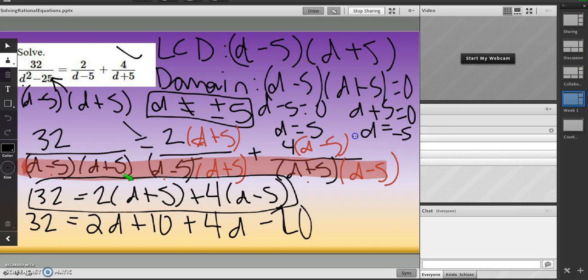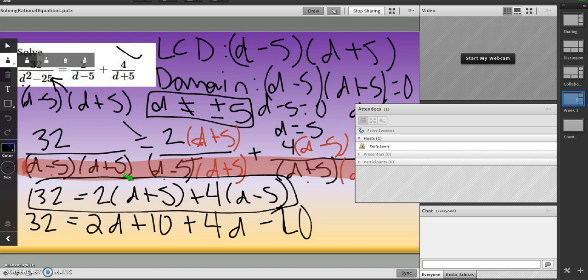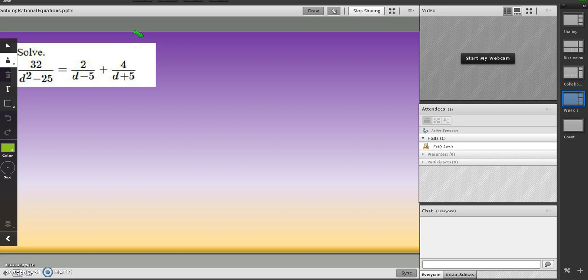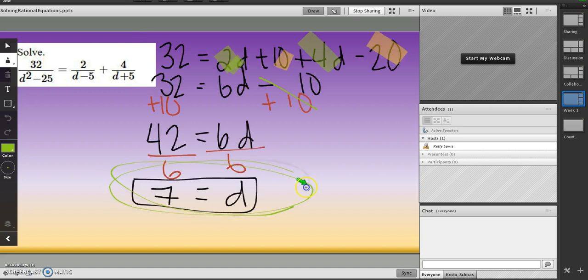Our domain, hang on, this guy jumped out. Go back in your spot. This was our domain. Our domain said it cannot equal 5 or negative 5. We got 7. So nothing funny happens, and that's just our final answer.